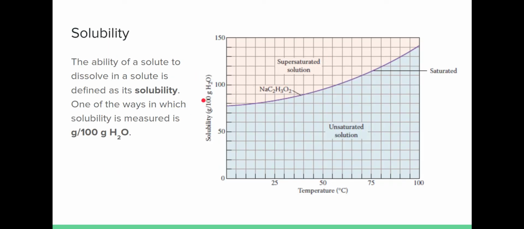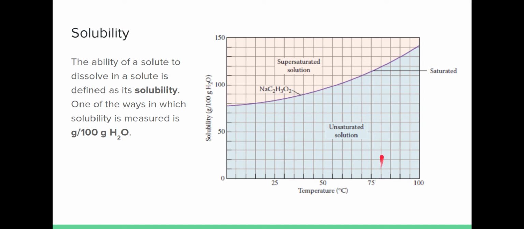Solubility is defined as the ability of a certain solute to dissolve in a given amount of the solvent. One of the ways that this can be expressed is the grams of solute that are able to dissolve in 100 grams of water. This chart is referred to as a solubility chart, and you can see that most ionic compounds have a higher solubility at higher temperatures.